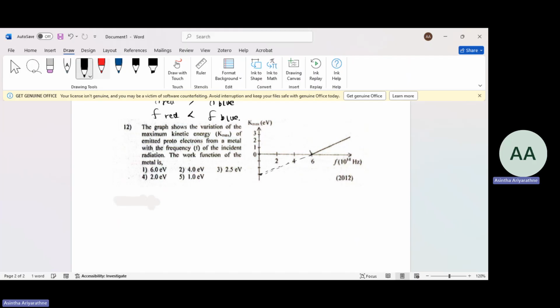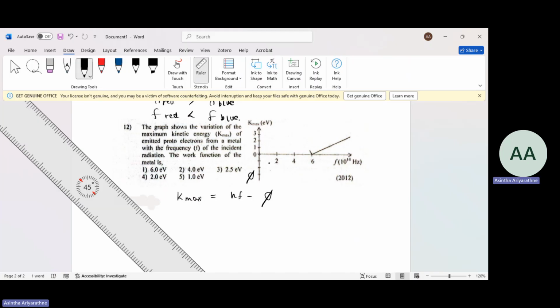So we have K max equals hf minus phi, where this is the work function. So 1, 2, 3. Maybe we have to use a ruler.